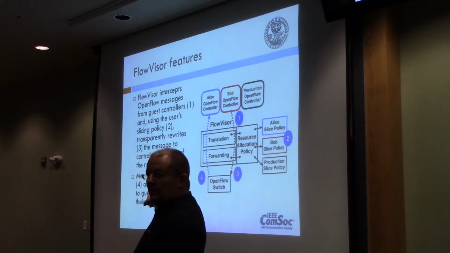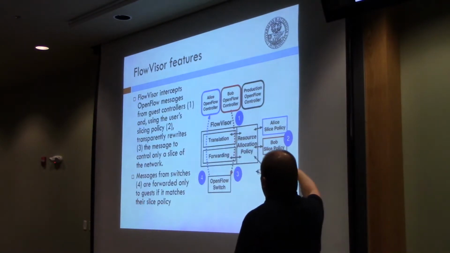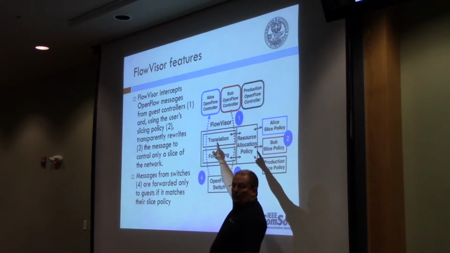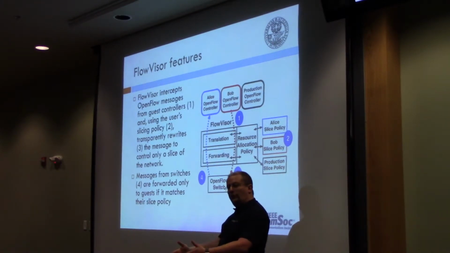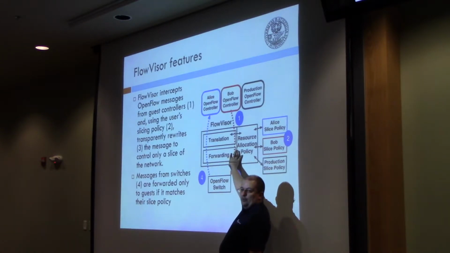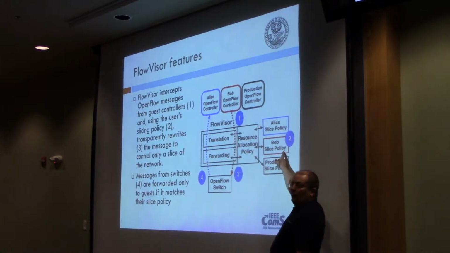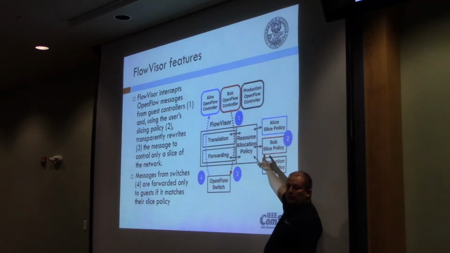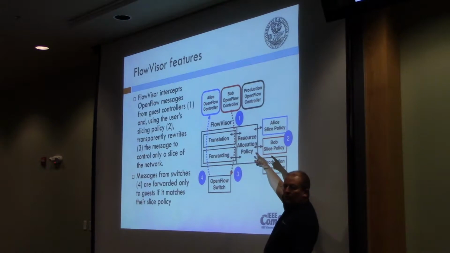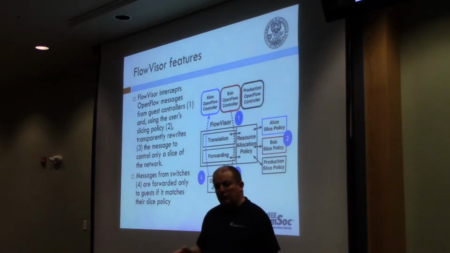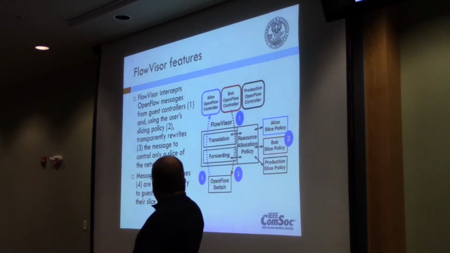You put FlowVisor in the middle, so the idea is that, for example, if Bob's controller will issue a command, maybe it wants to pre-configure the switches, then it is intercepted, of course, by FlowVisor, and then FlowVisor will check which are the policies to use in Bob's slice. If those are okay, then the message will be relayed to the switch. The same for the answers.